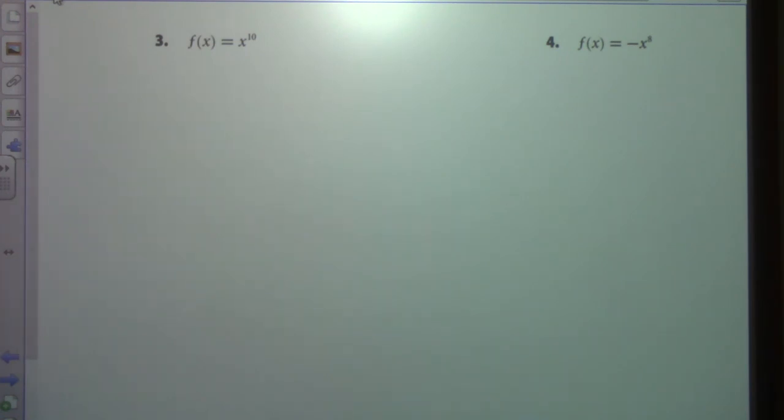I think it would be positive infinity, negative. Most of these were odd and this one's even. Yeah, you have x to the 10th for 3 and x to the 8th for 4. So what's going to be our domain of this thing?